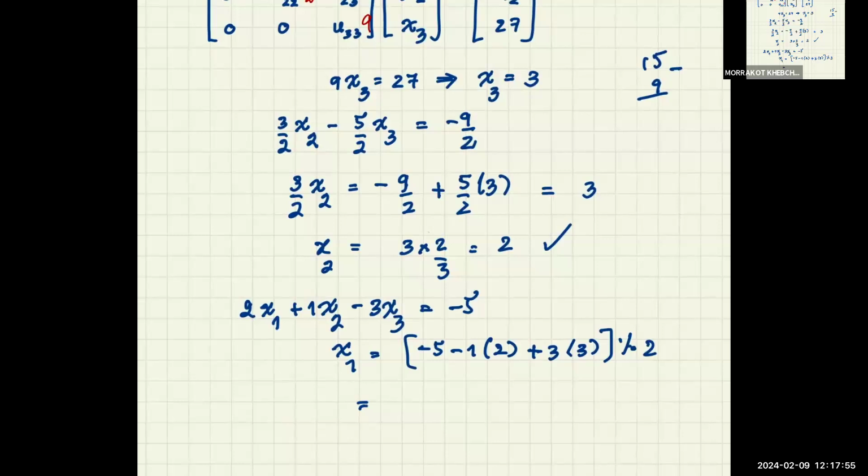Minus 5, minus 2, minus 7, minus 7 plus 9. So it's 2/2 is 1. Okay, so you get x1, x2, and x3.